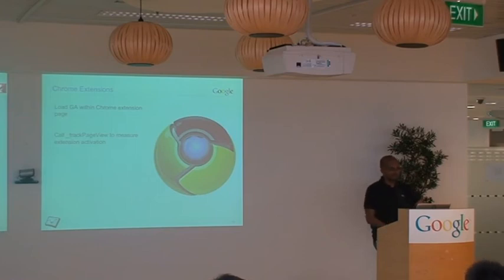And then as they're interacting with your extension as well, you can call track events or event tracking to find out what specific elements of your extension did they actually interact with. So the Chrome extension marketplace is great to see how many people downloaded and installed and rated your extension. But if you put Google Analytics in there as well, you can actually find out then how frequently are they using that extension and then which specific elements of that extension are they using. So as you go on to create Chrome extensions, as I'm sure you will, don't forget about Google Analytics to figure out who's using your extension and do they like it or not.